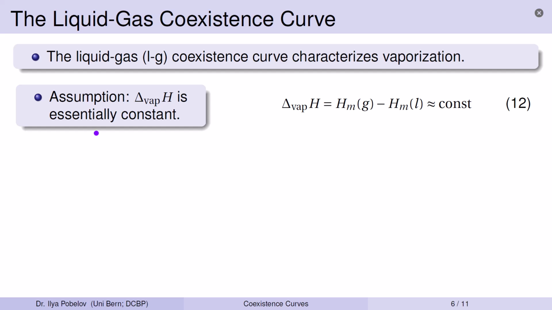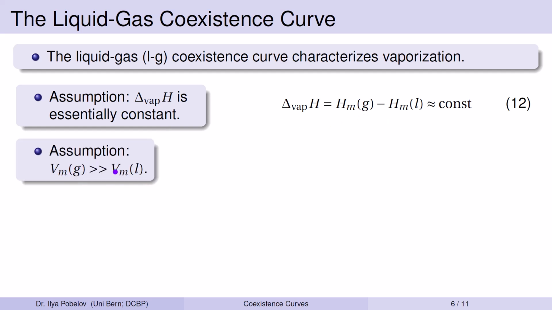To analytically derive an equation describing the liquid-gas coexistence curve, we assume that the enthalpy of vaporization, the difference in molar enthalpy between the gaseous and liquid phases, remains relatively constant over a range of temperatures and pressures.